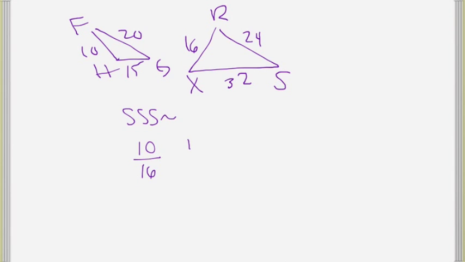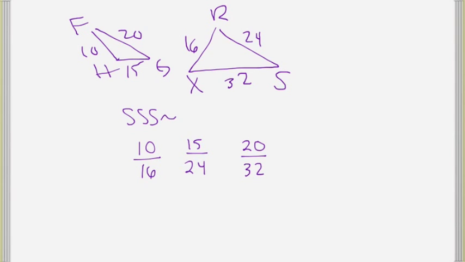The medium in the first is 15. The medium in the second is 24. The big in the first is 20, and the big in the second is 32. What we need to see is, are these all actually the same ratio? Because if so, that should be the scale factor between them. If we have some different ratios going on, then side-side-side similarity doesn't work, and these actually aren't similar.